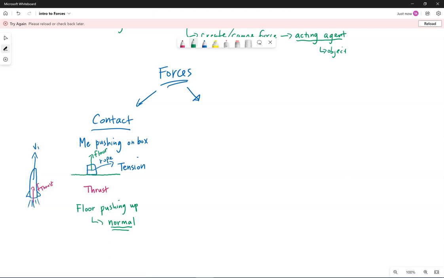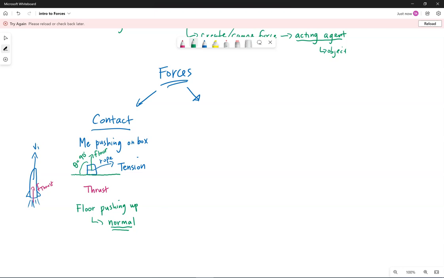not because there's anything normal about it, but because of the definition of what's called a normal vector. When you get into vector calculus, there's a definition of a normal vector such that the angle between the vector and the surface is exactly 90 degrees. So the floor is pushing straight up.